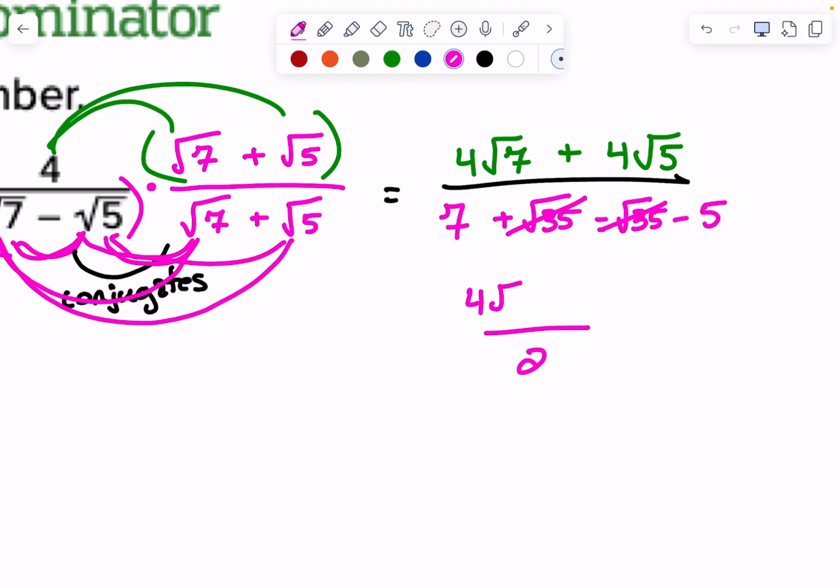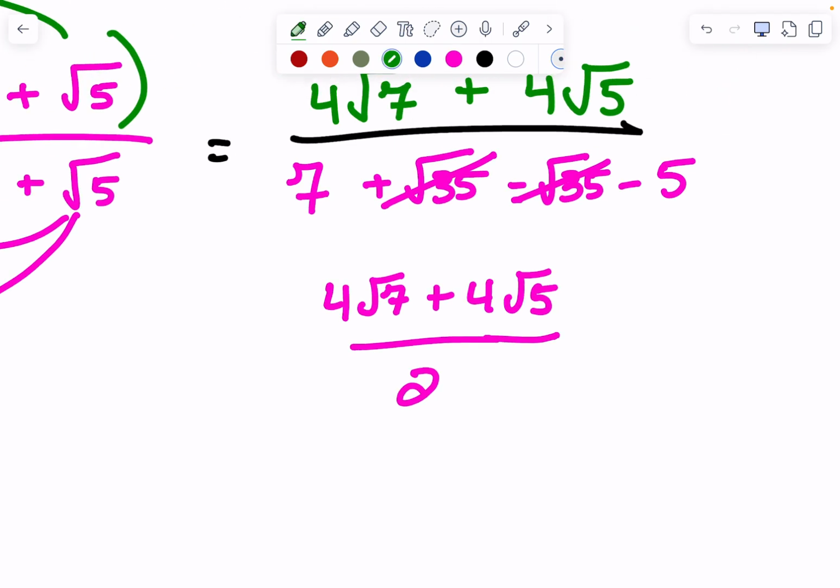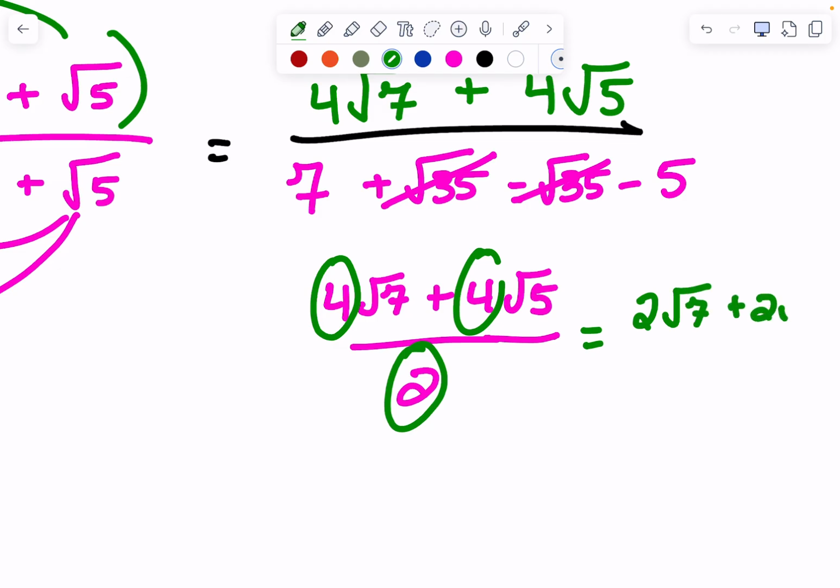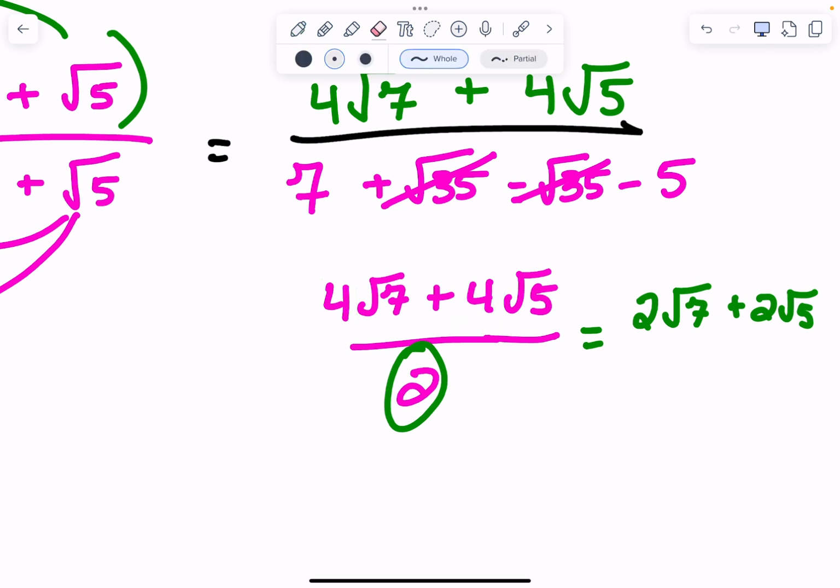So I have 4 square roots of 7 plus 4 square roots of 5. But we're not done yet because these are all divisible by 2. We get 2 square roots of 7 plus 2 square roots of 5. Now, just so you know, here is why you have to be able to take it out of all 3 places, because these are trapped right here.